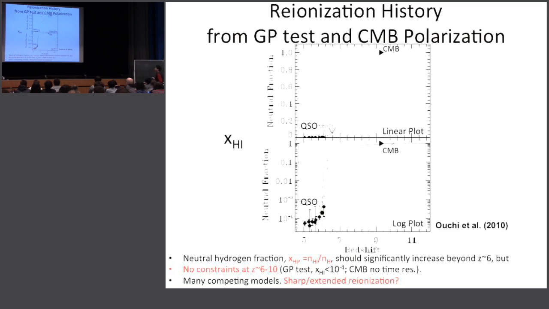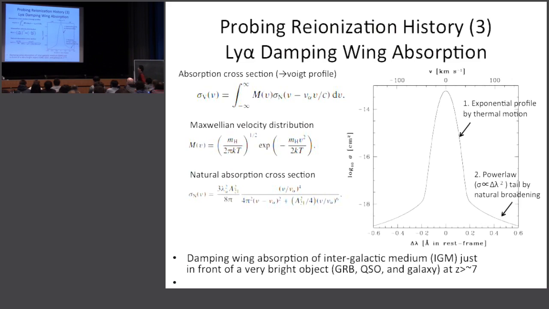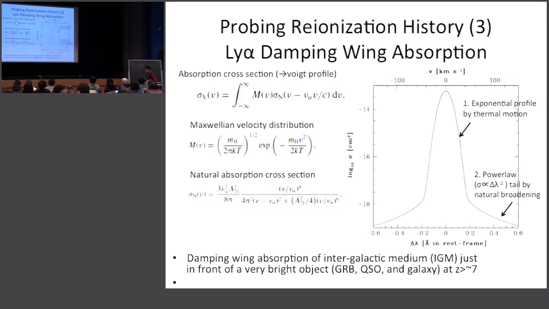So what you need is observational constraints in this epoch, redshift 6 to 10. What you can do is use the Lyman-alpha damping wing absorption, as you heard a lot about in Xavier's talk. Lyman-alpha damping wing absorption is pretty good this time, because the cross section of the damping wing is quite low compared with the entire absorption, about 5 orders of magnitude weaker than the hydrogen Lyman-alpha absorption.